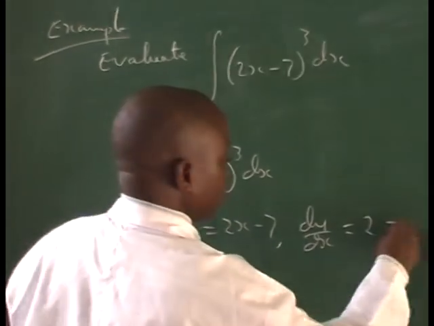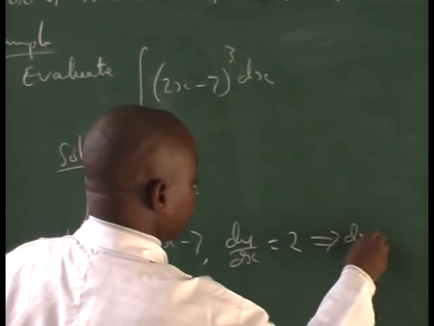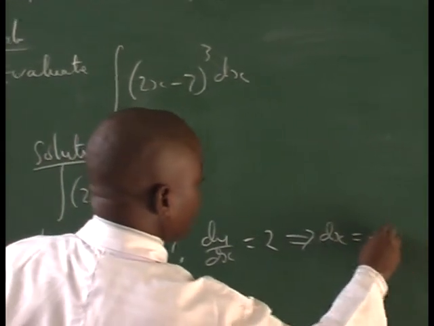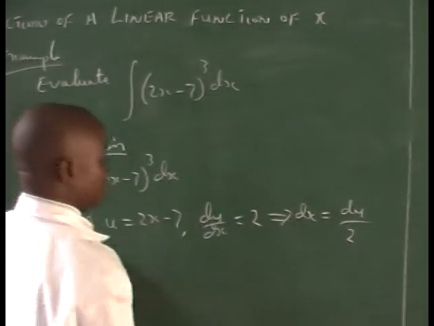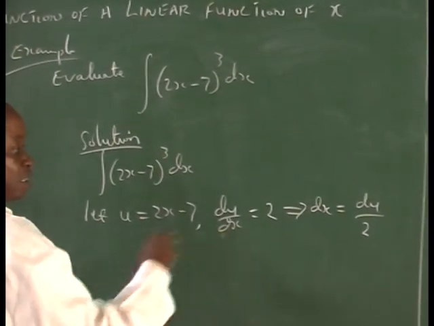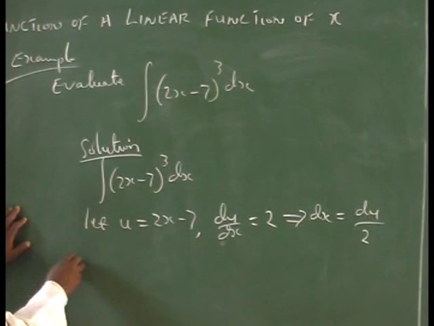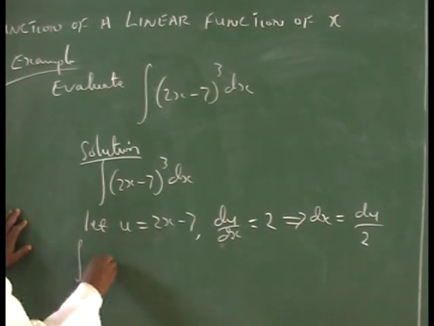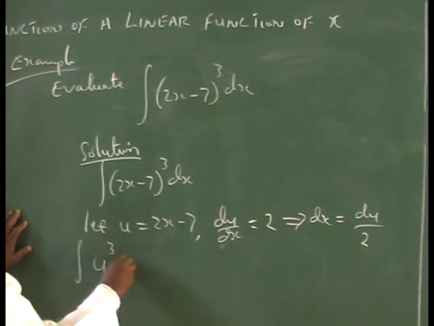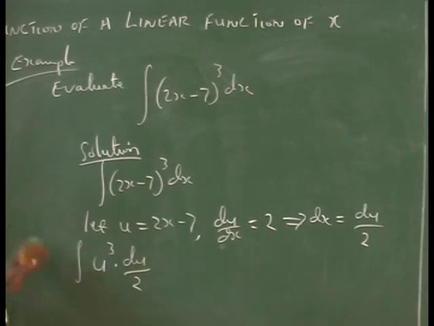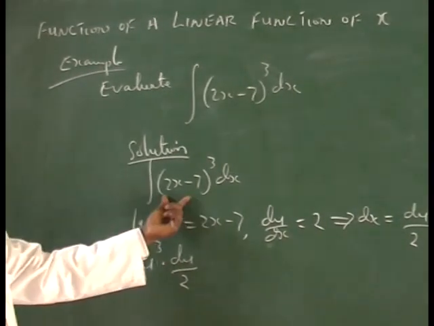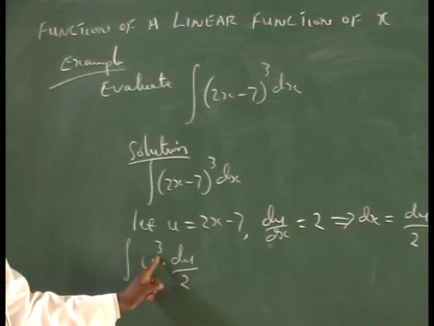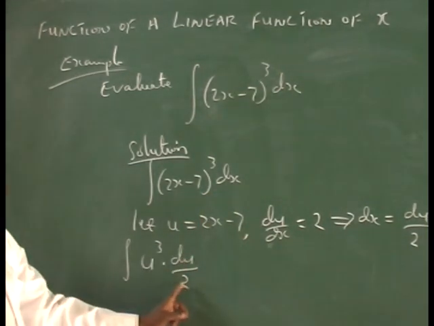So that will imply that dx will be du over 2, to make dx the subject of the formula. So we now have the integral of u raised to the power 3 du all over 2, because this place is now u raised to the power 3 and dx is du all over 2.